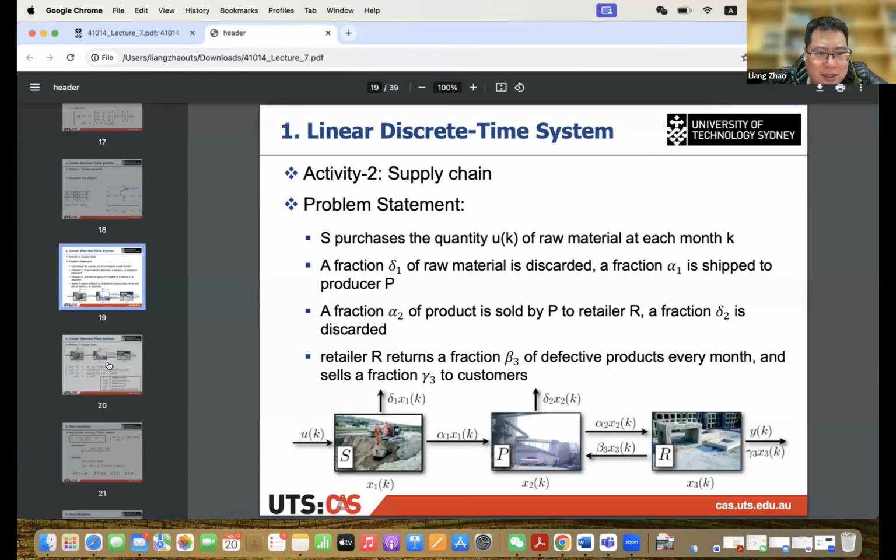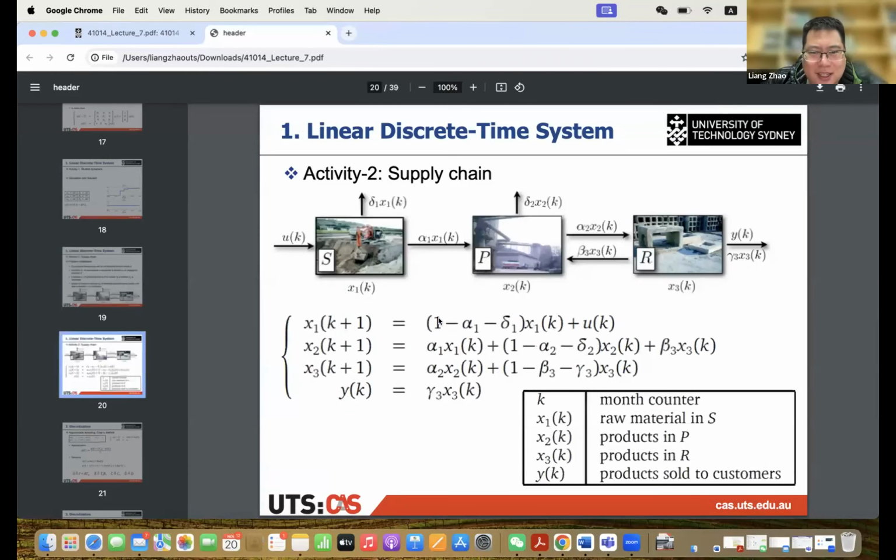So if you get the x1 out, that is 1 minus alpha 1 minus delta 1. So that is why it is 1 there. Initially it has 1, and it gets an alpha partial out and a delta partial out, so what remains is 1 minus alpha 1 minus delta 1.